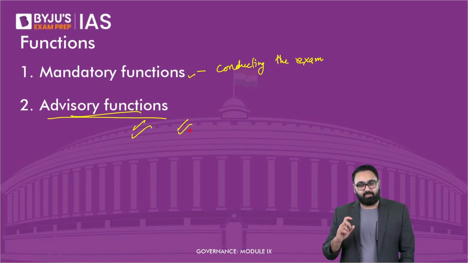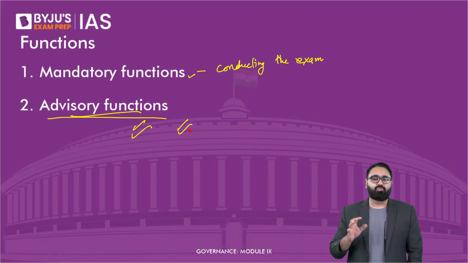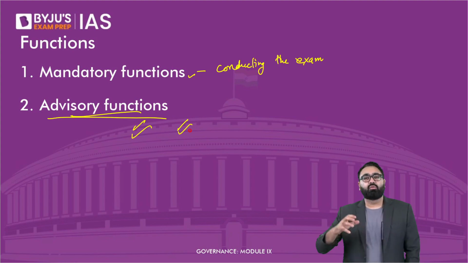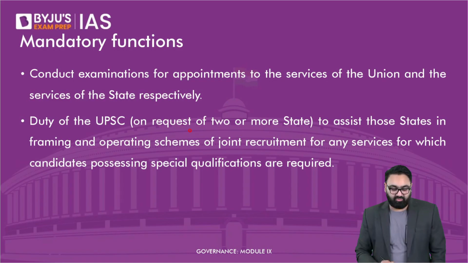For any disciplinary action to be taken, they will ask for UPSC's advice. But again, the UPSC is not bound that their advice will be accepted by the government. Whatever advice they give, the government decides what is best for them at the end of the day.